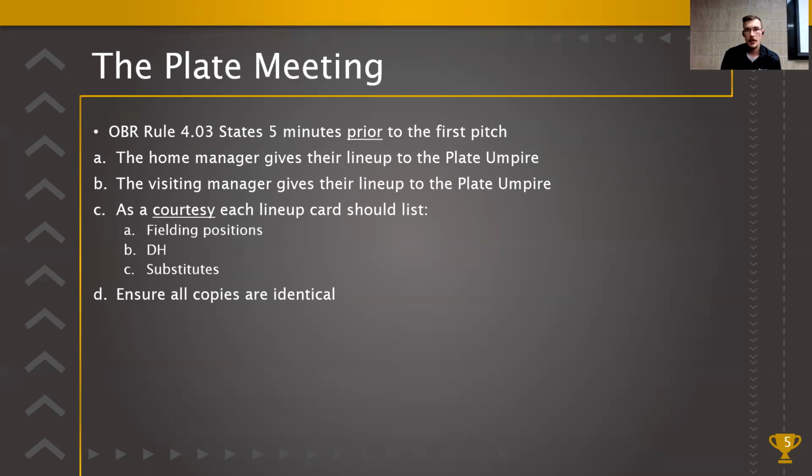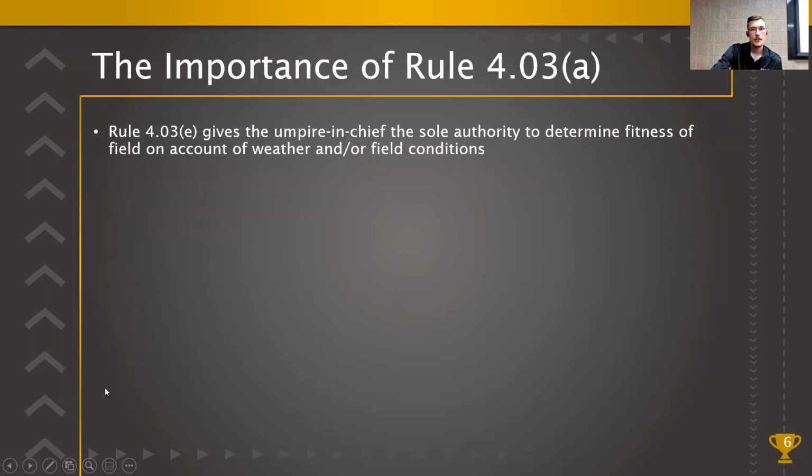One thing to know with the DH rule: know if you're playing under a rule set where the pitcher automatically is the designated hitter, or if the designated hitter must be designated on the lineup card prior to the plate meeting. Ensure all copies are identical. Then we'll touch on the importance of 403A.